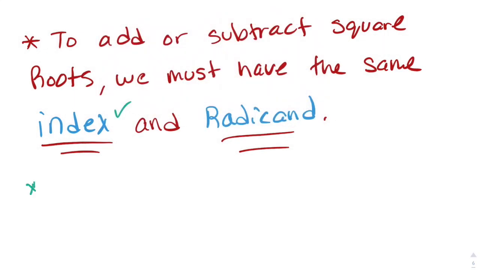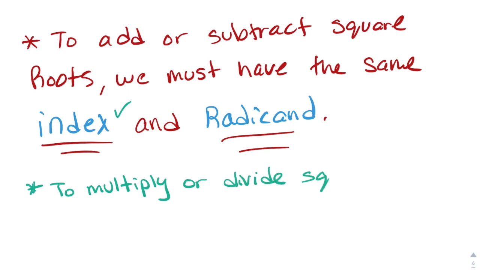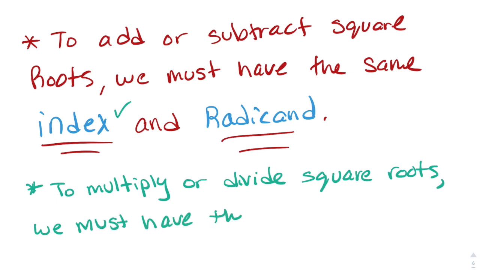So I'm going to put this: to multiply or divide square roots, we must have the same index.